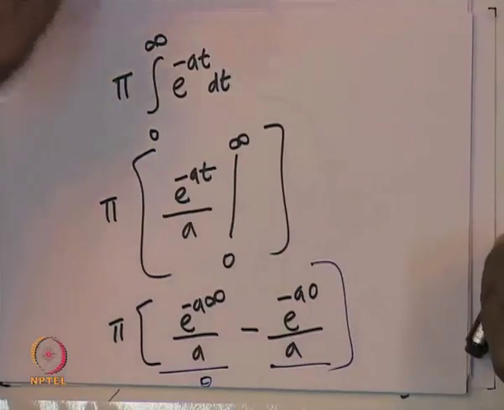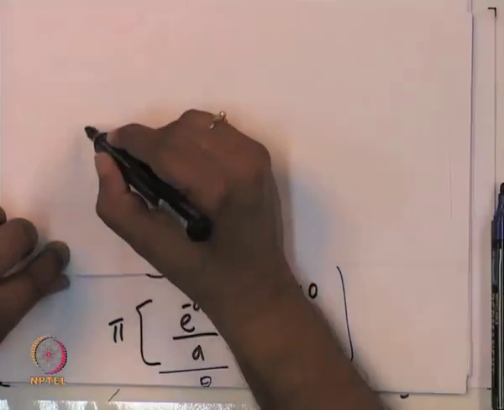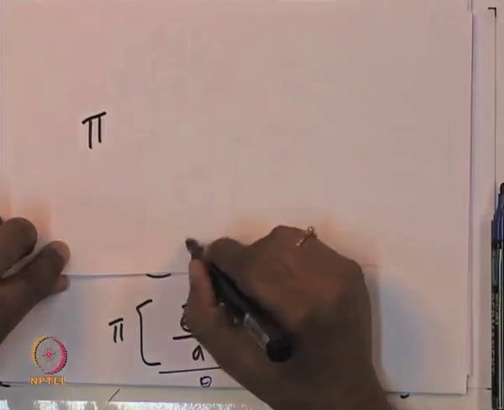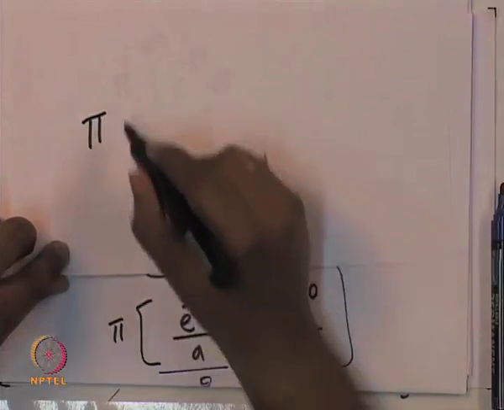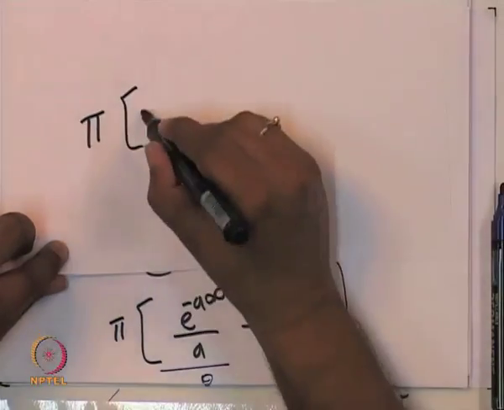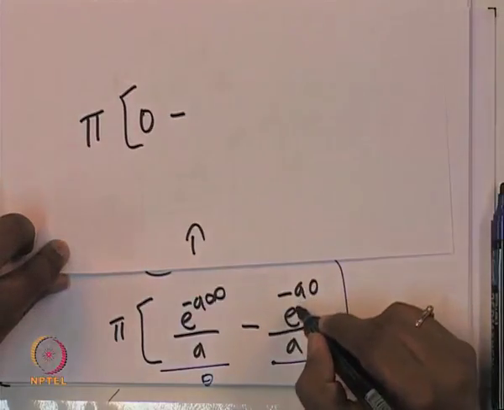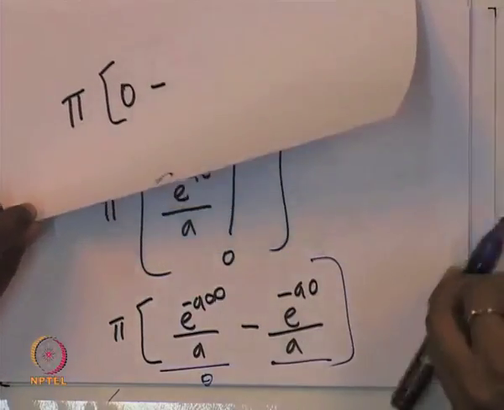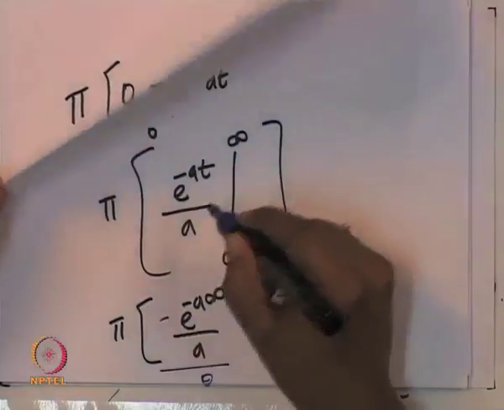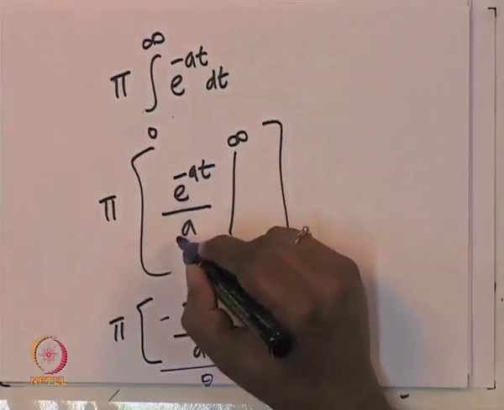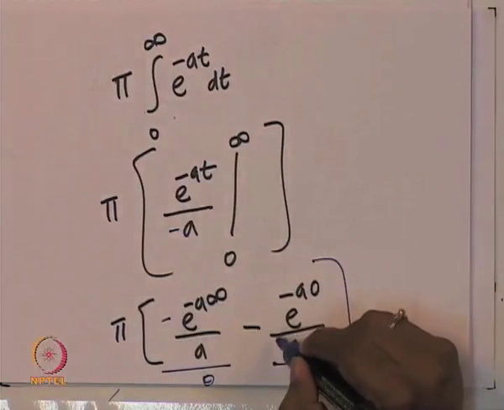So, what we get is basically pi into this is 0 minus, and there is another minus sign, because e power minus a by minus a is there.